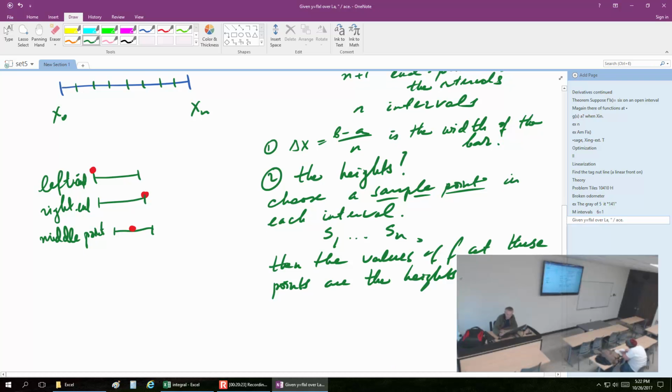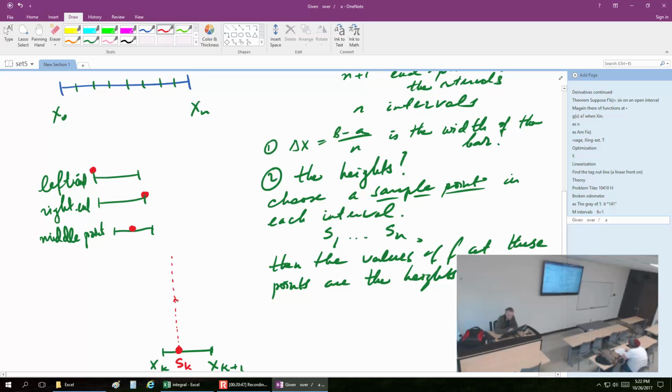So let me take one. Suppose this is my interval, from xk to xk plus 1. Then I have somewhere in the middle an unspecified s sub k. That's step number 1. Step number 2, I go and sample the function.